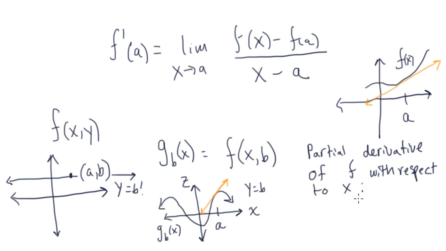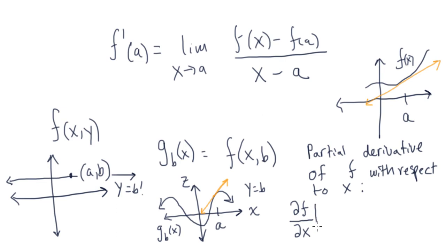And now there's going to be some interesting notation here. This is a delta, but it's kind of a fancy curly delta. So this is read partial f, partial x, partial derivative of f with respect to x.